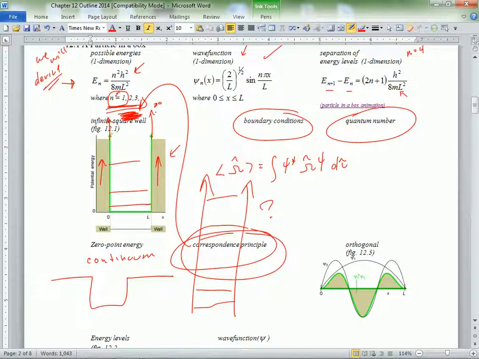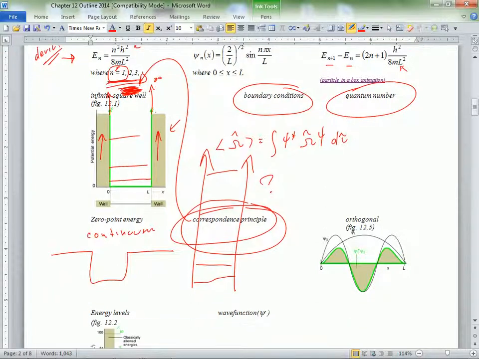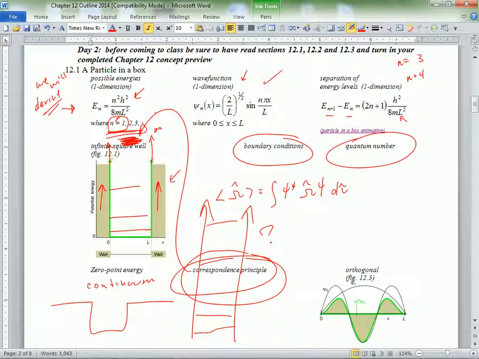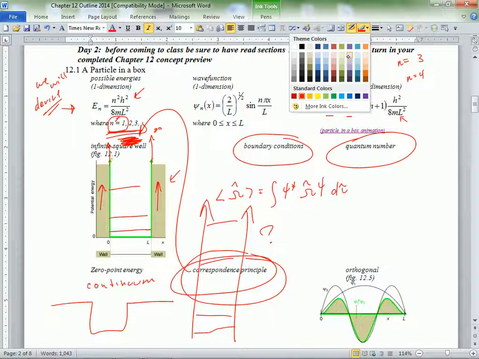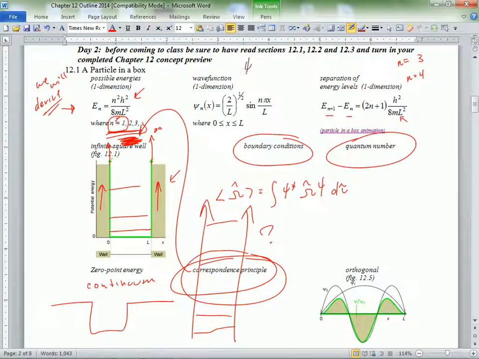Orthogonal. Notice you could take this equation for the particle in a box and write psi1 by putting in a 1 for n, and then write psi2, and write its expression.